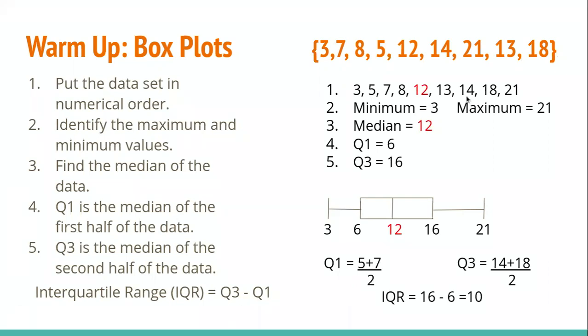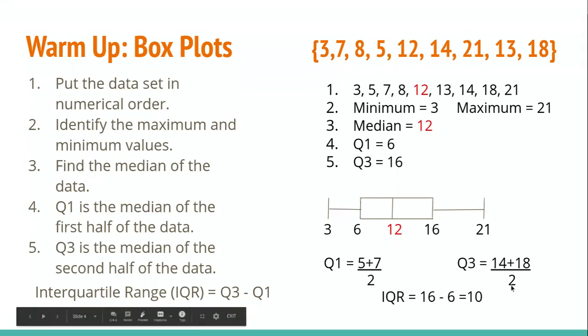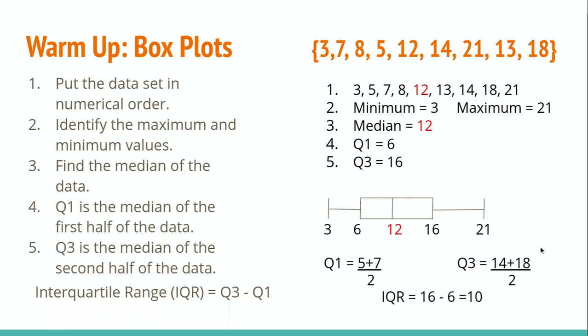We did the same thing with the back half. There are 4 numbers, so we added the middle 2, 14 and 18, and we divided by 2. 14 plus 18 gave us 32. 32 divided by 2 gave us 16.